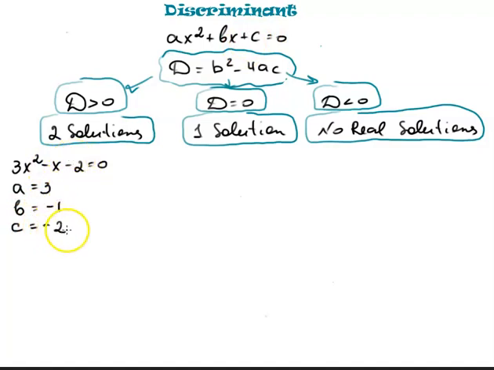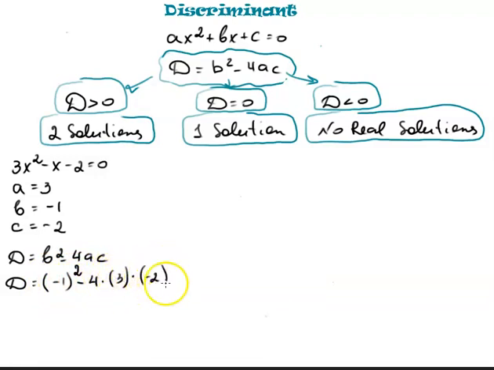Negative 2. The formula for the discriminant is b squared minus 4ac, and all I need to do is plug those numbers into the formula. So it will be negative 1 squared minus 4 times 3 times negative 2.